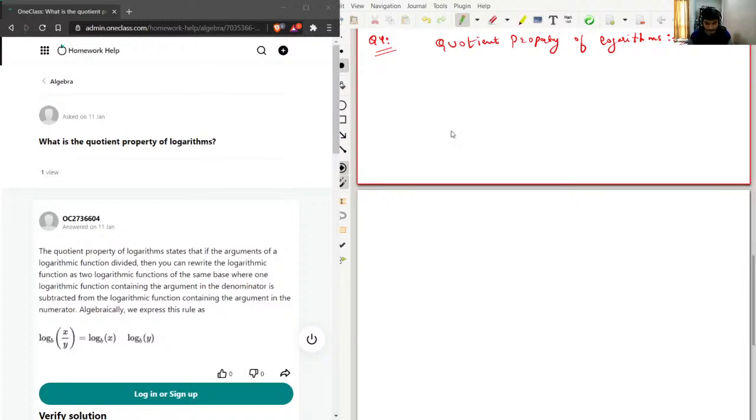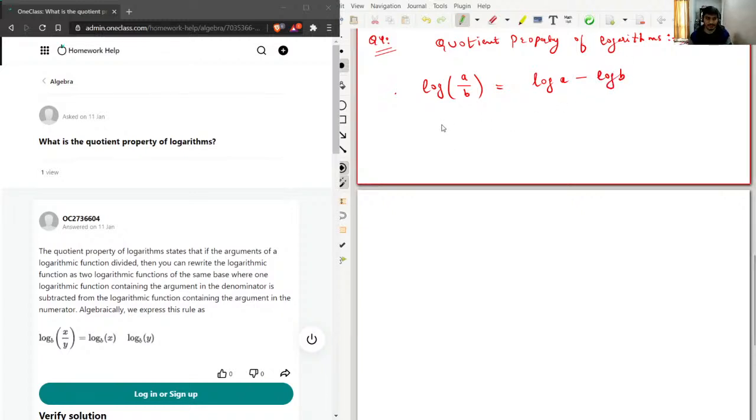So basically, let's say we have two numbers inside this log operator, and a is divided by b. Then we can convert this into the form of log a minus log b.